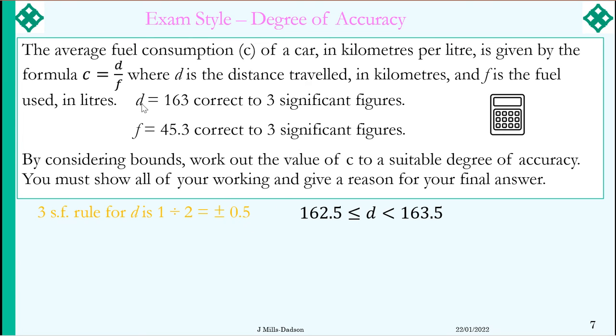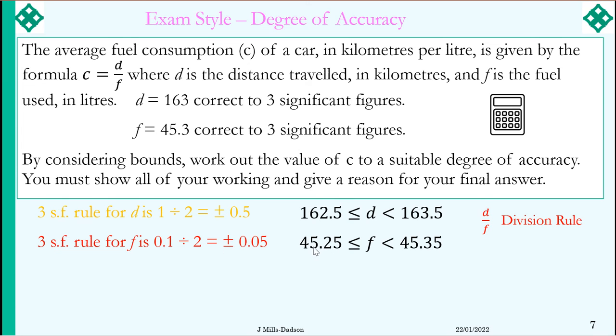So we're going to get a distance to lie between 162.5 and 163.5. 3SF rule for F. This is decimal 0.1. The place value of 3 is 0.1. So 0.1 divided by 2 will give us this rule. So our bounds will be 45.25 and 45.35.